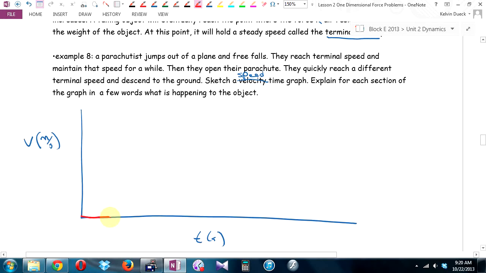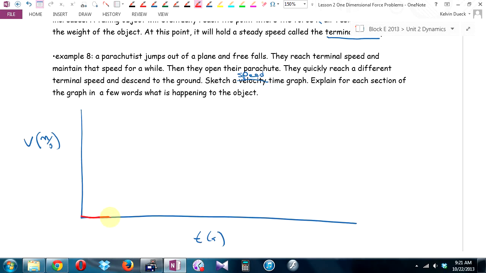I jump. Woohoo! What happens to my speed now? It starts to increase. Okay, is it going to increase linearly in a nice straight line? Well, if we ignored air resistance, we would have said acceleration was 9.8 and the slope of a velocity-time graph is the acceleration. It should be a nice straight line. But with air resistance, when is air resistance at its maximum?